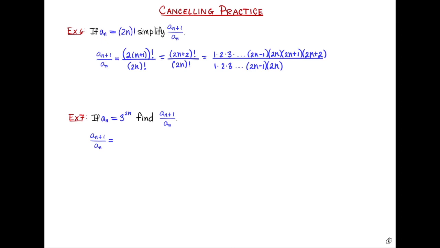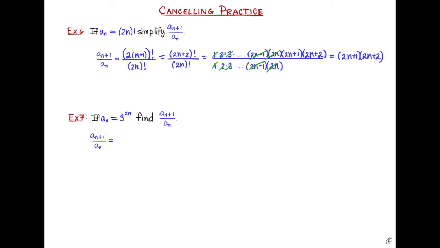So canceling out, we see that everything in the numerator cancels with everything in the denominator, except for the last two terms in the numerator. And so 2n plus 2 factorial divided by 2n factorial simplifies down to 2n plus 1 times 2n plus 2.